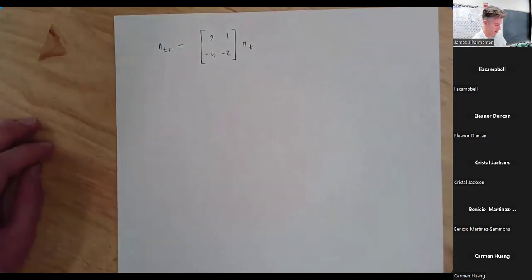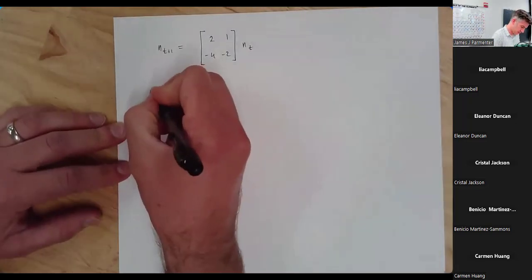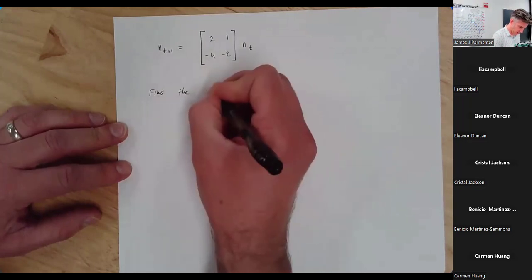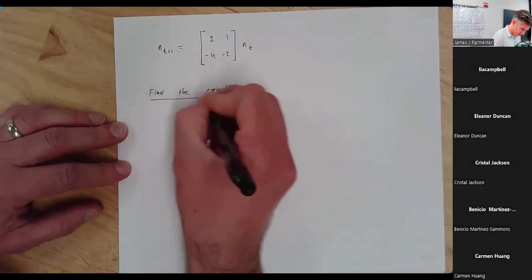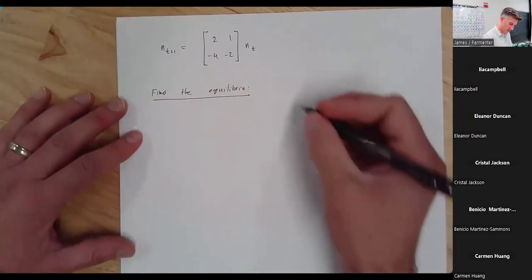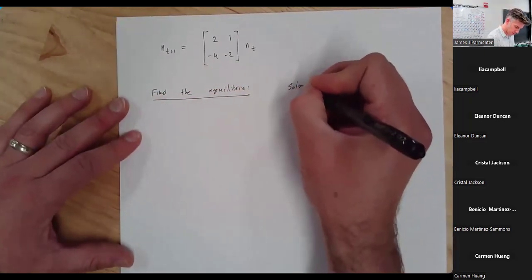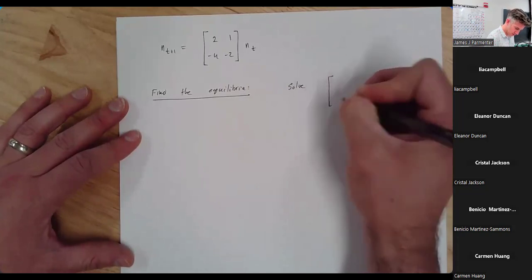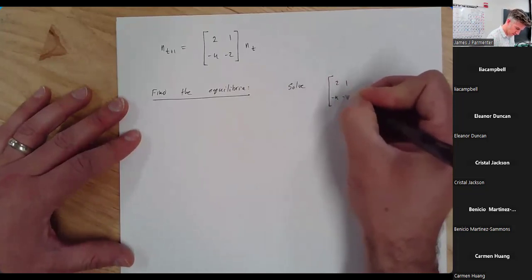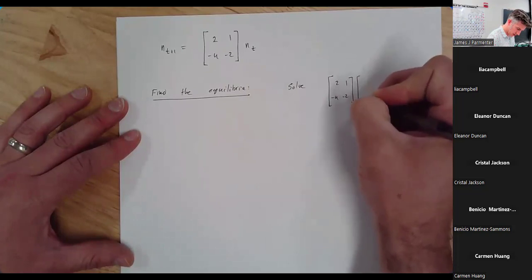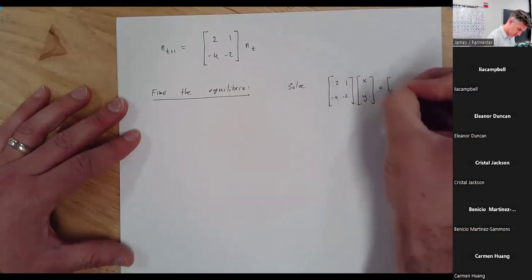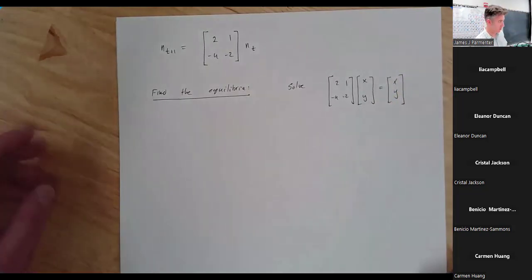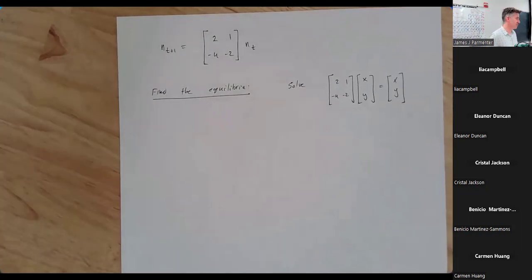And I would like to find the equilibria. In fact, I want you all to find the equilibria. So I want you to do your best to solve this equation: 2, 1, -4, -2 times x, y equal to x, y. So it might be a little unsatisfying. It might be the same solution as before, but oh well. Sometimes you have the same solution as before.